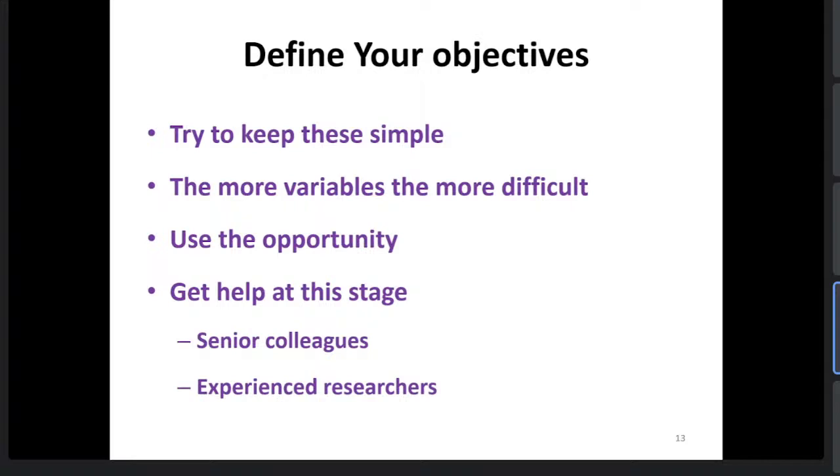And as a novice entering the research domain, we need to discuss with senior professors, senior colleagues, and experienced researchers. They will give you the key ideas on how you will conduct your research in a particular domain. Now move to the next slide, Vaishwarya.